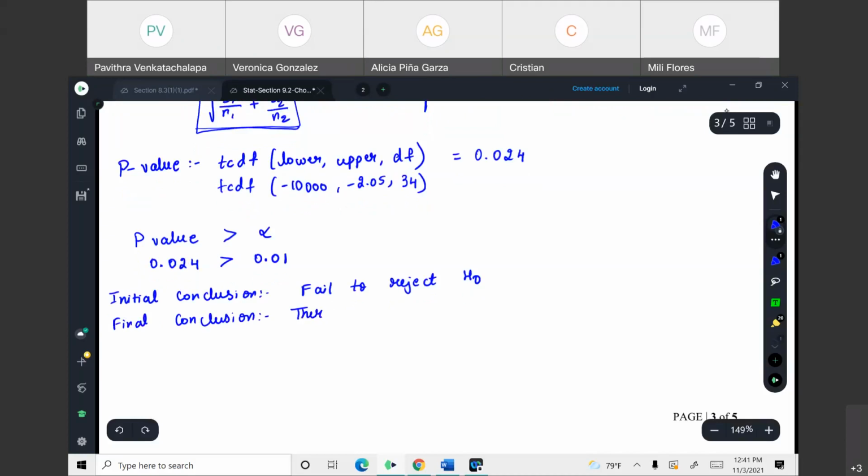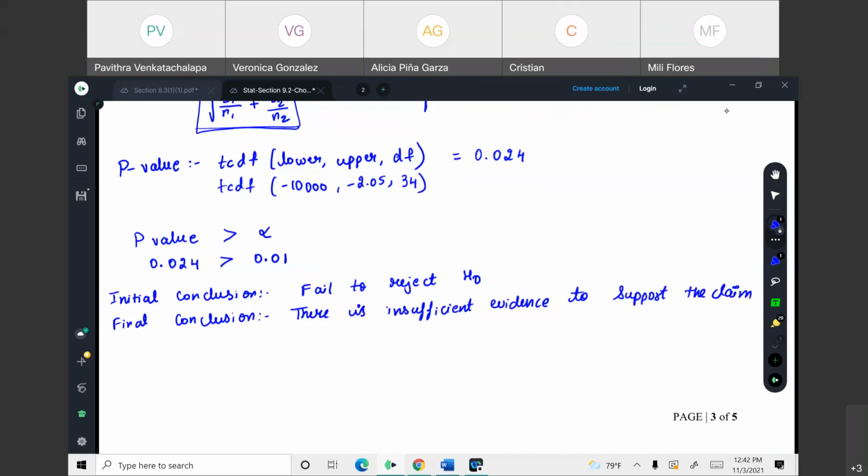So it says there is insufficient evidence to support the claim. And you write the claim which is given in the problem. That's it. Okay. So this is how you do it when you have two means or two proportions.